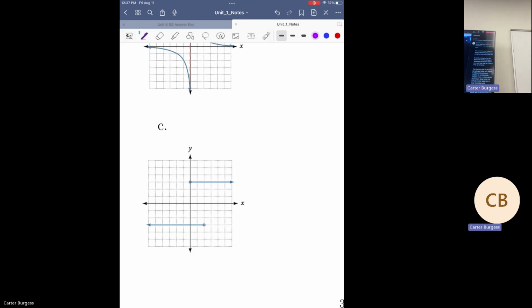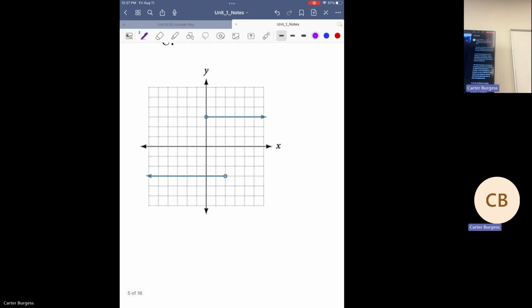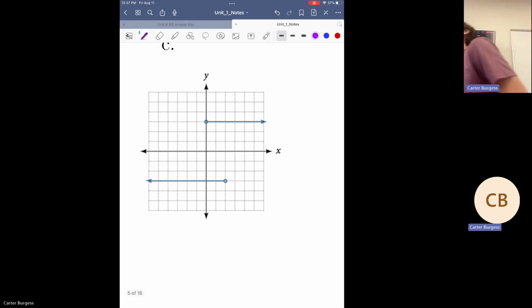So for instance, looking at example 3C here, can we identify a point where there is a single x value that is being mapped to two different y values? Okay, so 0 is a good idea.